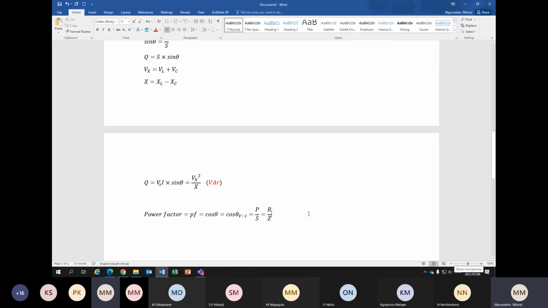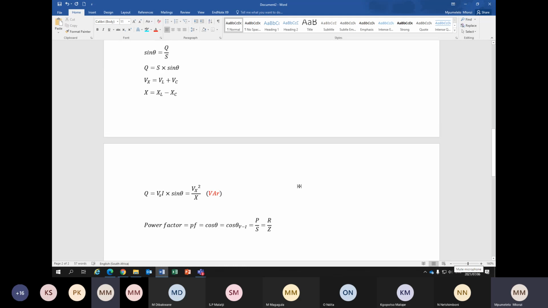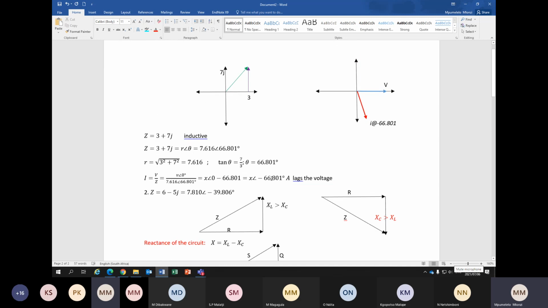The power factor is very, very vital. I don't know how to emphasize this, but it's very vital. That is why I wanted us to go into the nitty-gritty of how you calculate the current, and why we say it is lagging and why we say it is leading. We look at the impedance.